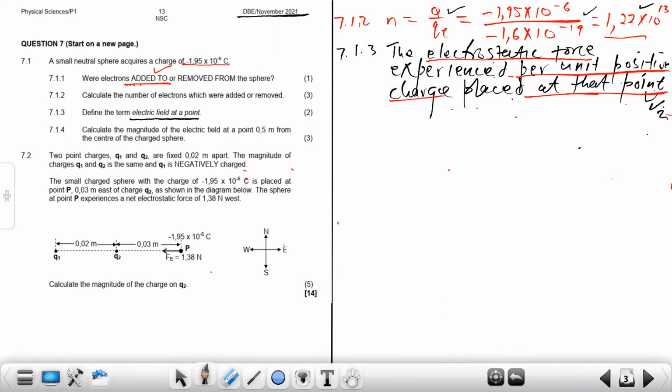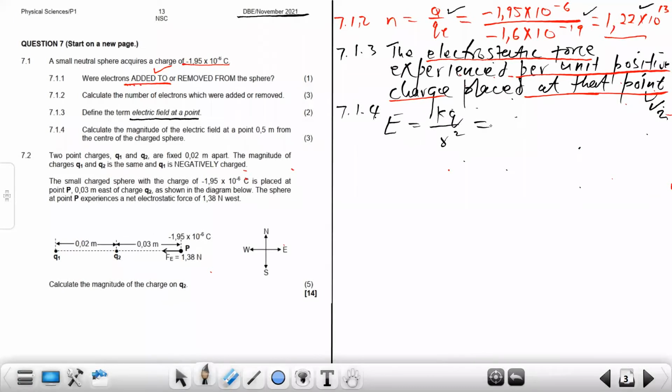Then let's move now to 7.1.4. At 7.1.4, it clearly states: calculate the magnitude of the electric field at a point 0.5 from the center of the charged sphere. This one becomes easy. I know we said once we are given the distance, it's easy. The only equation that I need to consider is kQ over r squared.